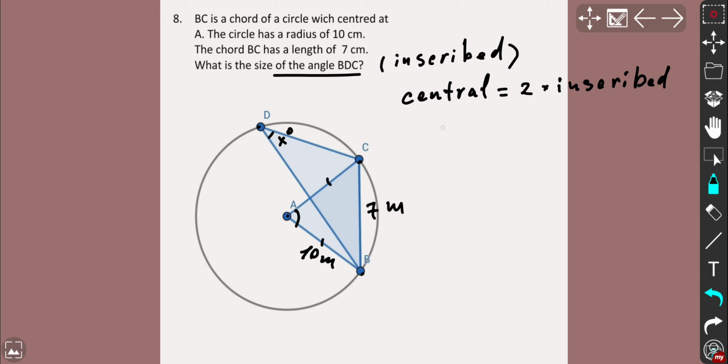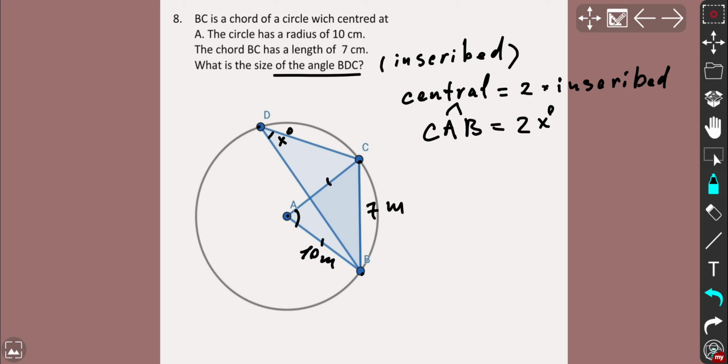I'm not going to denote it on the picture, but I'll just say that CAB is going to be twice x, so 2x. Now we need to find a way to figure out the angle measure. There are 2 ways to do it.